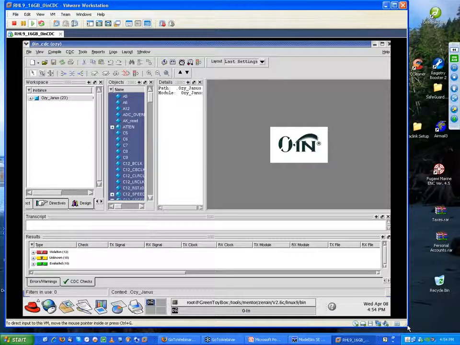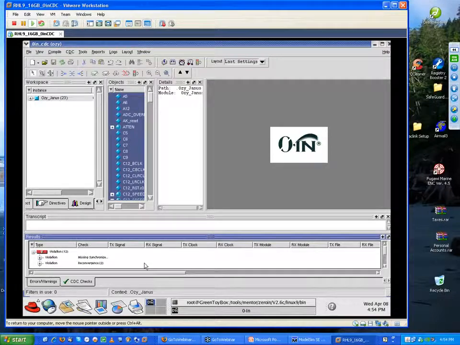Minter has a tool. It's called 0-In CDC, and it will actually check for some of these CDC errors. Let's see, I think it's already pre-compiled here. The other day, before I released the April 7 version, it actually caught a CDC issue that I had created.